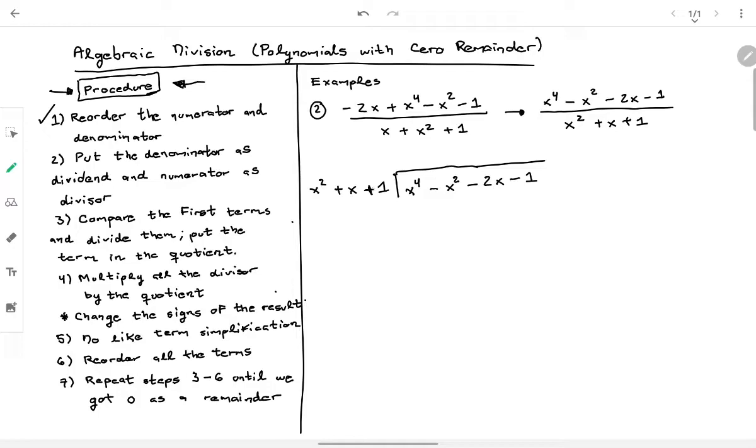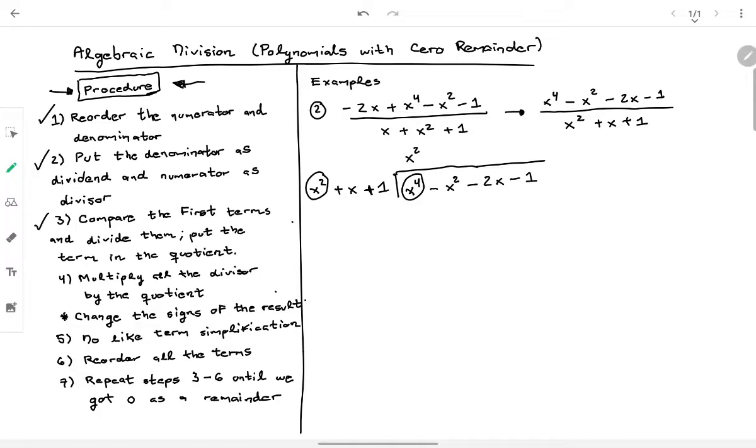Remember, in this case we need to compare the first terms, x squared and x to the 4th, and divide them. So to obtain x to the 4th, we need x squared, because multiplying x squared and x squared is x to the 4th. So we have finished step number 3.